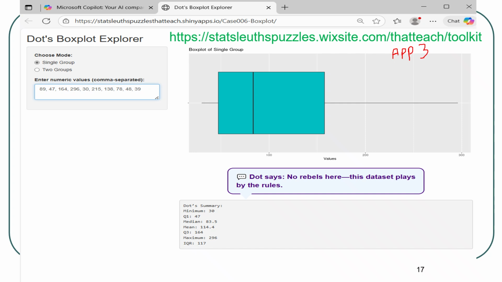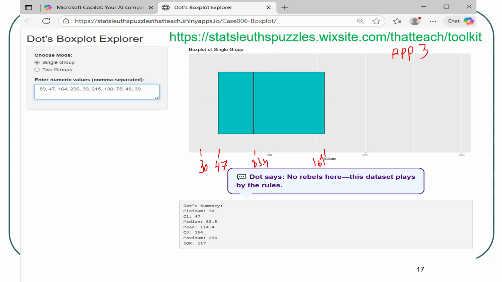This is the minimum, which is here 30. Q1 is 47. And the minimum was 30. And this is Q2, which is the median, 83.5. And that one, Q3, is 164.